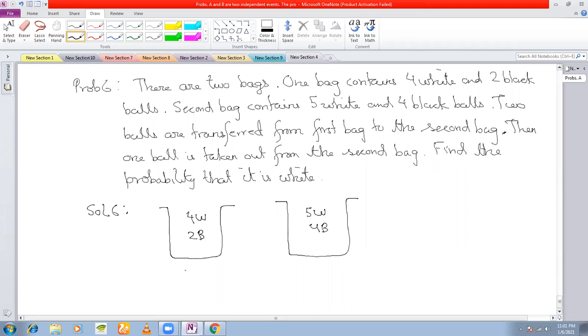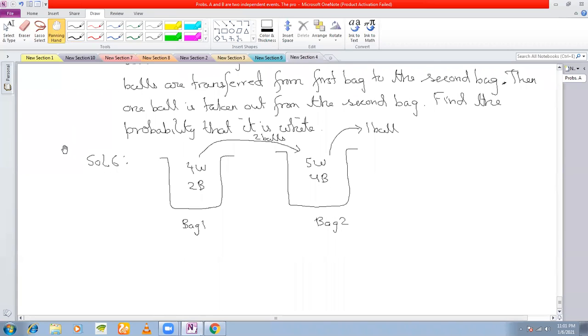Let us say this is bag 1 and this is bag 2, as they have mentioned first and second bag. Now two balls are transferred from this bag to this bag. Once two balls are transferred, one ball is taken out from this bag. The question is to find the probability that it is white. Did you understand the question?